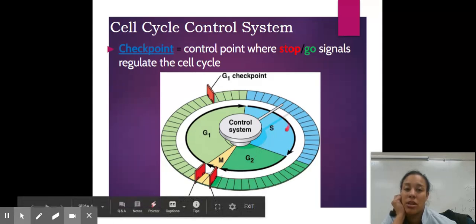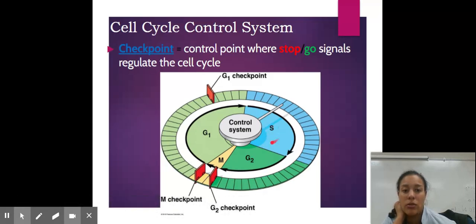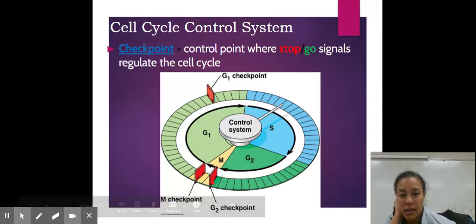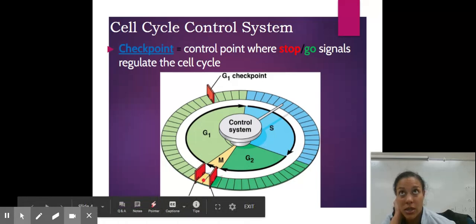It's going to check and make sure that DNA was properly synthesized and we have the correct amount of each chromosome or chromatin at this point, to make sure that there is the correct amount of each of them present. So that's that one.